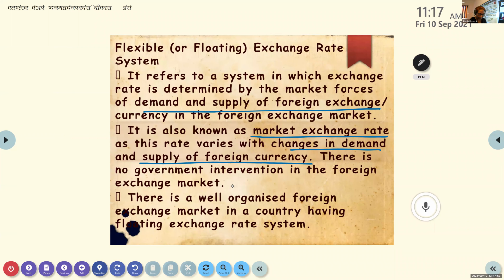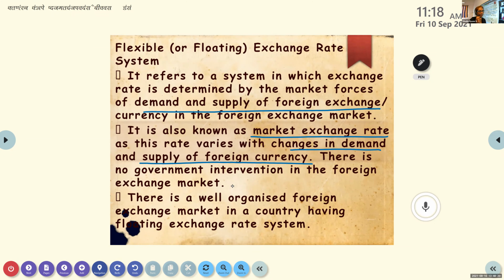If there is more demand for dollar, what will happen? The price of the dollar will increase or decrease? Think of a normal good. Yes, it will increase. So just relate this with a good.